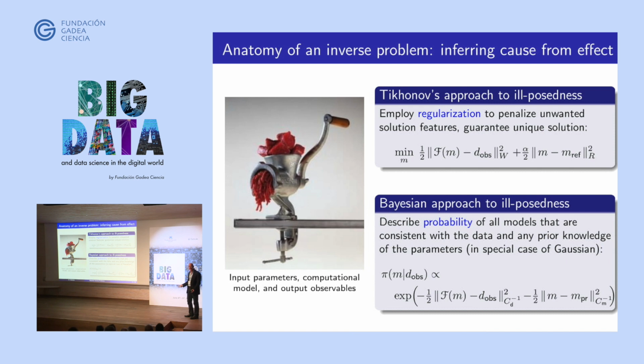Cm inverse, Cm is the prior covariance. And so what we're saying effectively is that given observations, the probability of any particular model is related to how well the forward problem fits the data, but also how consistent we are with the prior knowledge. All right, so this is a much richer description of the inverse solution than this one.